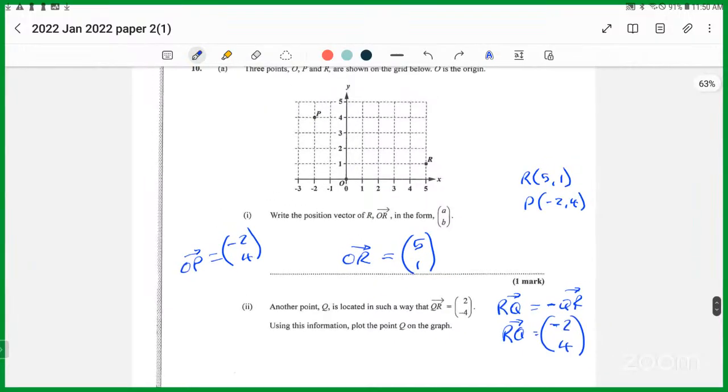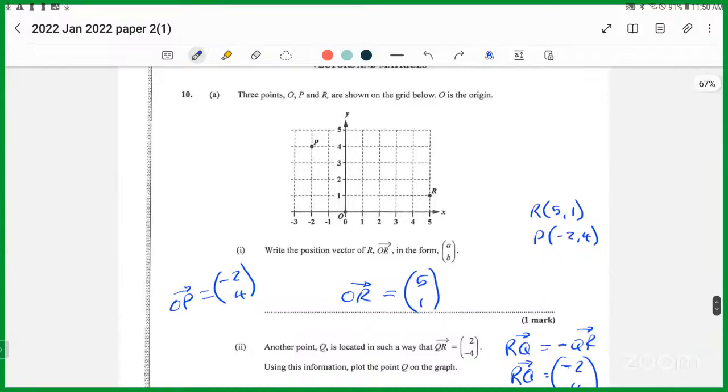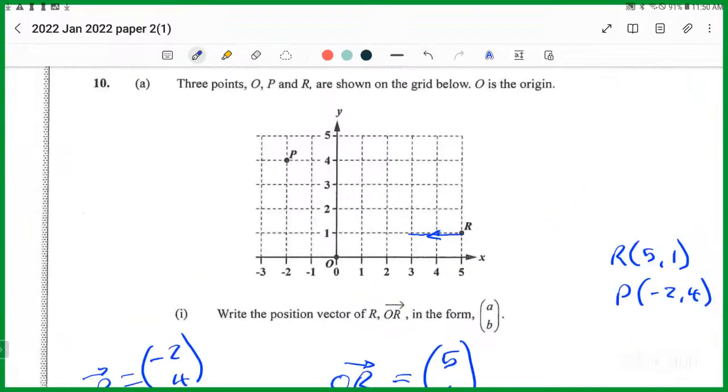Starting at R, we go 2 to the left and 4 up to find Q. 2 to the left is this, and 4 up, from 1 to 5: 1, 2, 3, 4. It means that Q is right here. What are the coordinates of that point? (3, 5). Q is (3, 5).